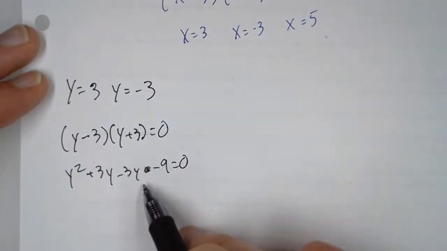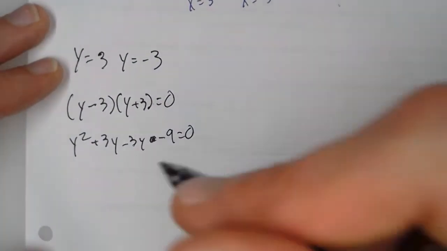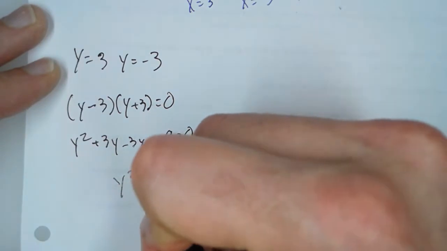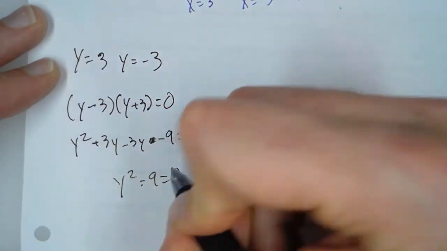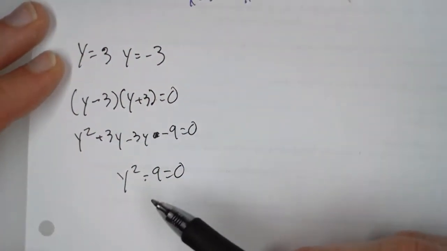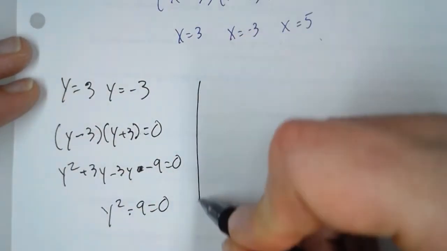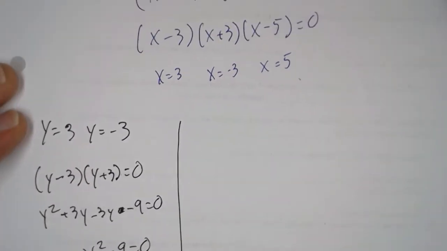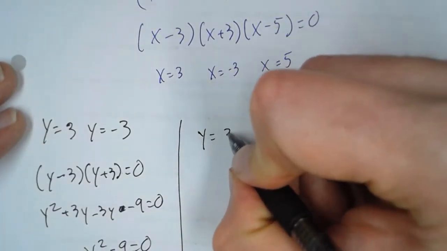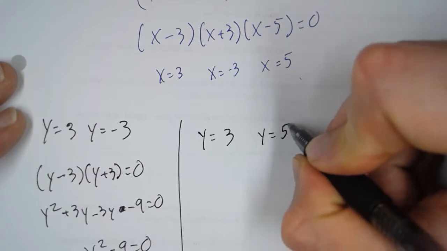So here the plus 3y and the minus 3y cancel. So here we're just left with y squared minus 9 equals 0. So that's our first outcome.